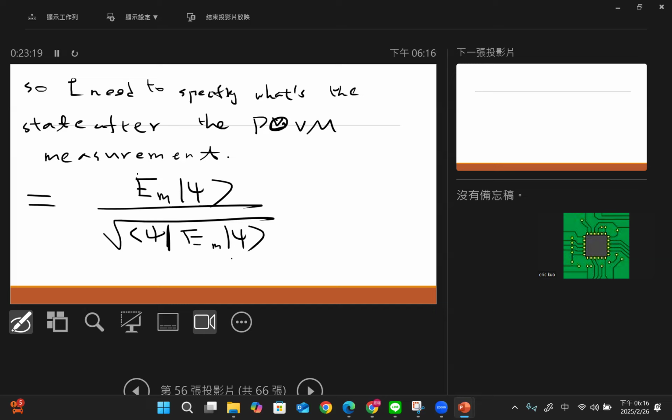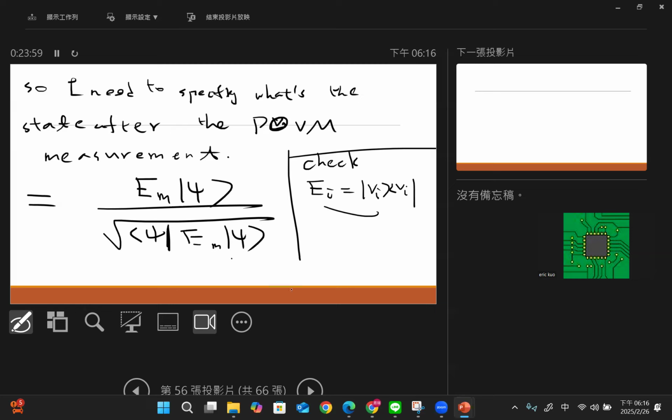And then let me show you this is equivalent to the PVM. So let me just do the check. Hopefully it's not so difficult. Remember in the PVM, this E_i will be just, let's say, V_i. So this is the E_M corresponding to the PVM.